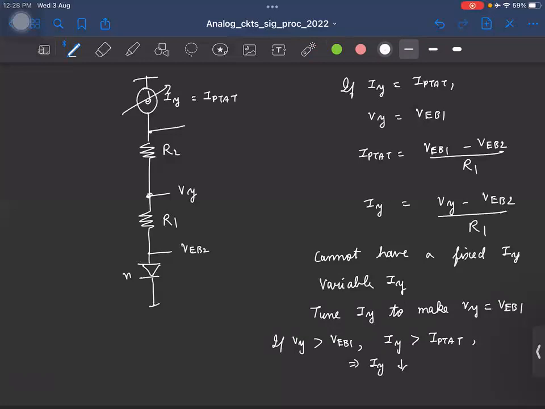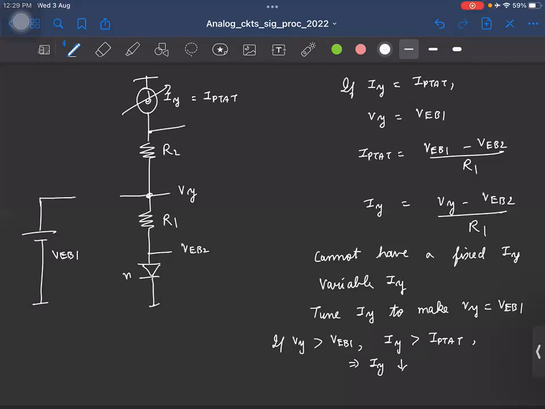So we need to compare Vy with VEB1, and we know how to generate VEB1, right? We pass the same current through one diode. So for now, I'll assume that we have it generated, and say it is a voltage source, VEB1. Okay.